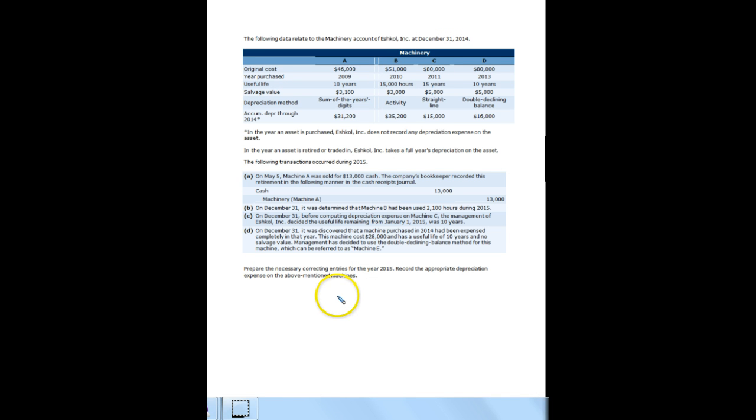Okay, on B, we actually have depreciation based on activity. So we have a machine, again, we have cost, less salvage. So we're going to have that as well. So 51,000 minus our salvage of 3. So we want to depreciate $48,000 of that asset.